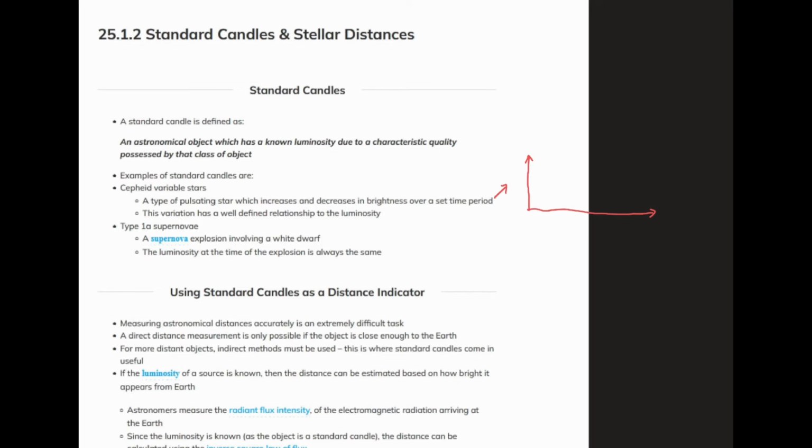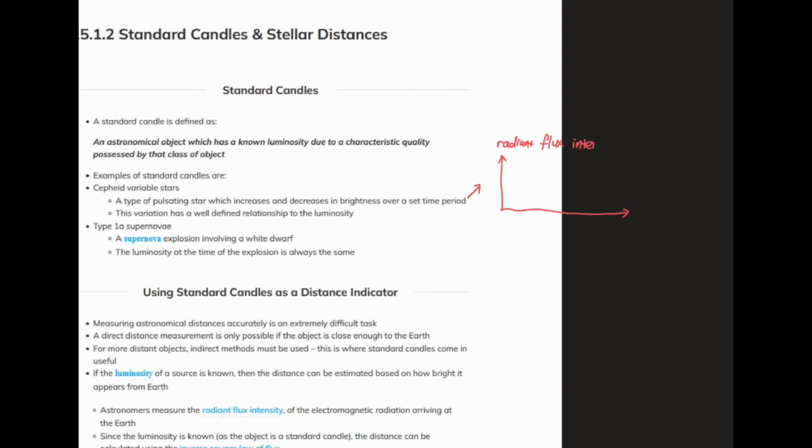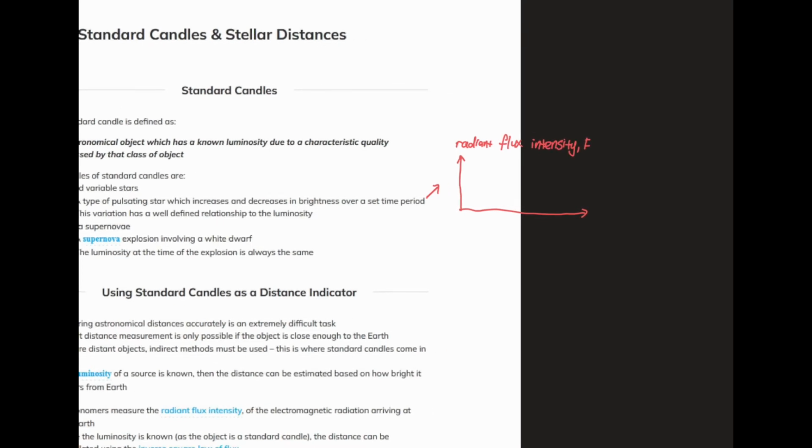But the scientists draw a graph. They put the radiant flux intensity, F, measured using an instrument, on the y-axis. Of course, the x-axis is the time in days, for example.